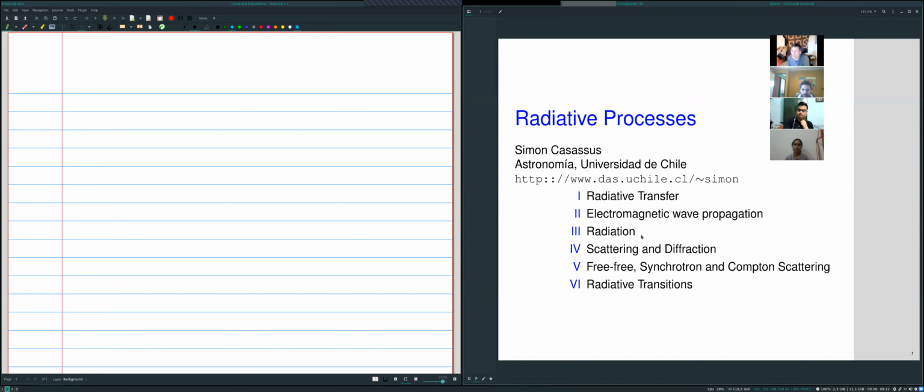Chapter 3 will be dealing with the radiation sources, and the rest of the course is focused on specific examples of microscopic processes leading to radiation.